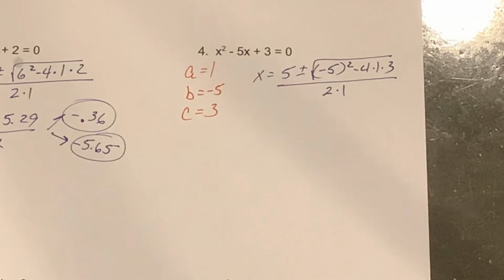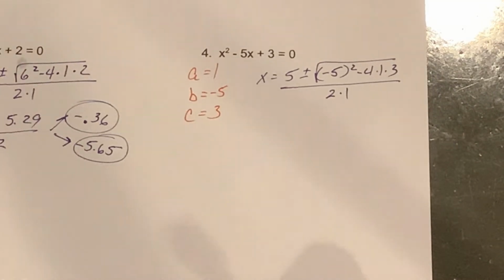Okay, 4, same idea. 5 plus or minus the square root of negative 5 squared minus 4 times 1 times 3, all over 2. So I would just use your calculator, or by hand, I guess, and type in the square root of negative 5 squared minus 4 times 1 times 3. And we're going to get 3.61.